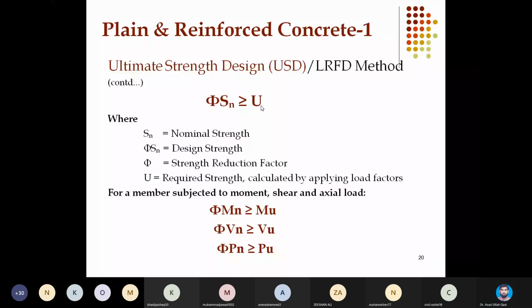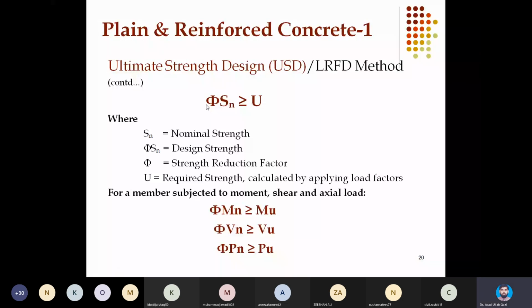So it means the equation is carrying factors of safety on both sides. On the left hand side, it has a factor of safety more than 1, and we call it load factors. And on the right hand side, it has a value less than 1, and we call it capacity reduction or strength reduction factors.